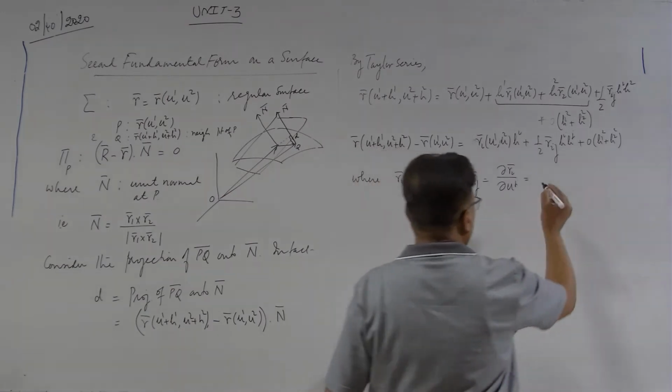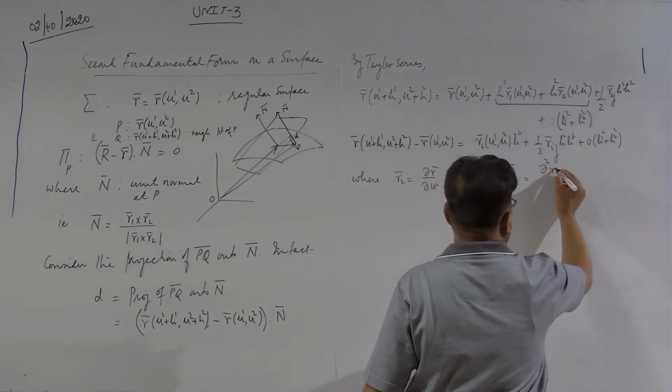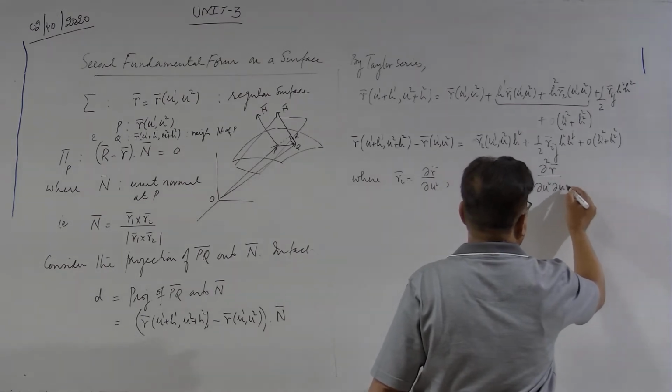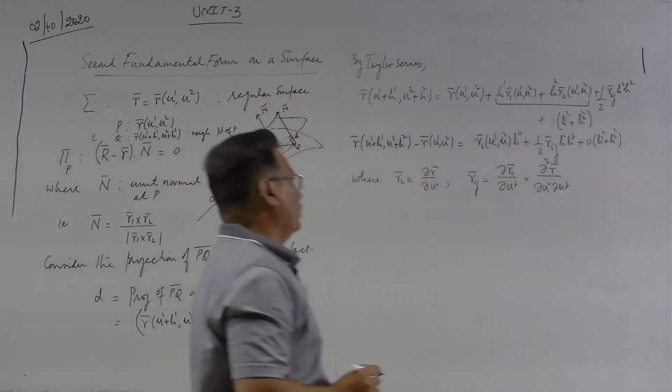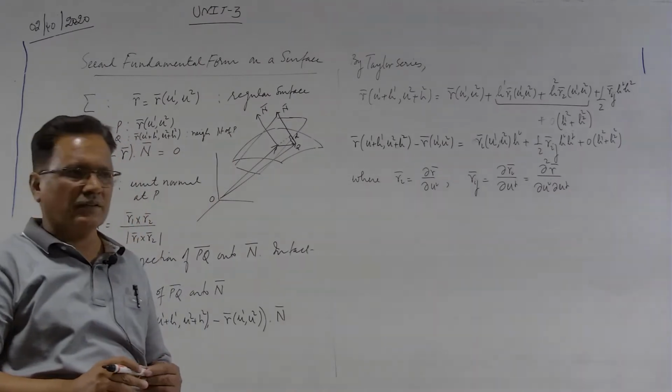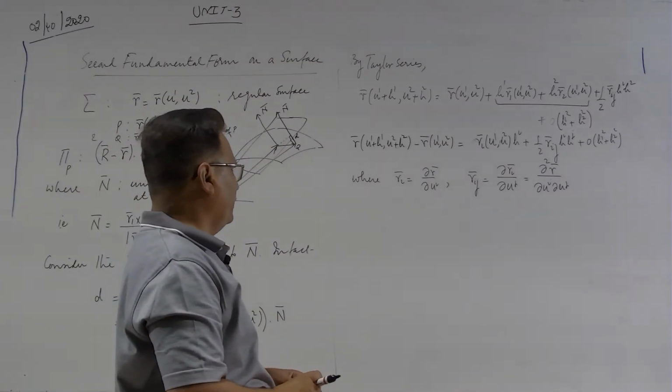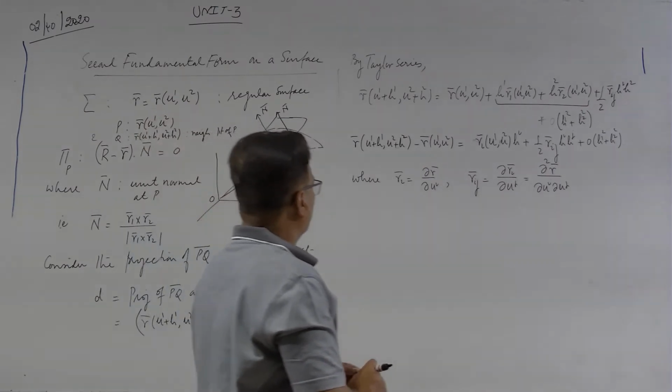Or you can also write it down as del 2 r upon del u_i del u_j. This is what we mean by r_ij. These are the symbols that we will be using all along. So, you need to remember the symbols also.